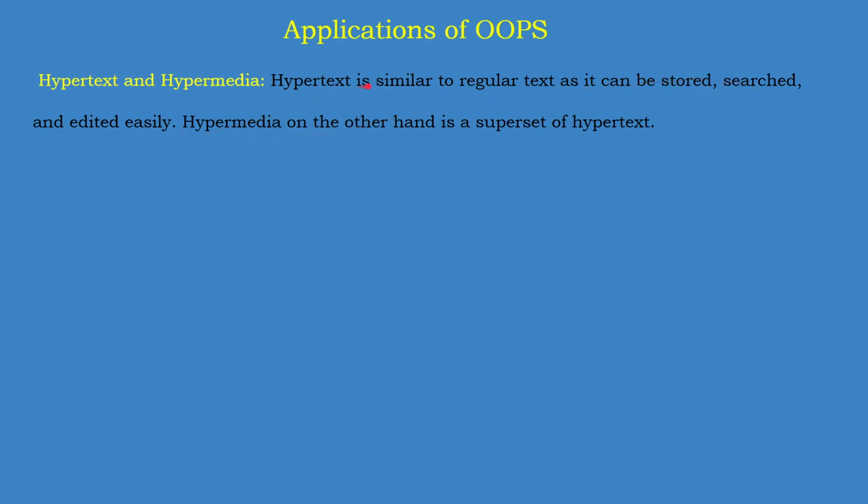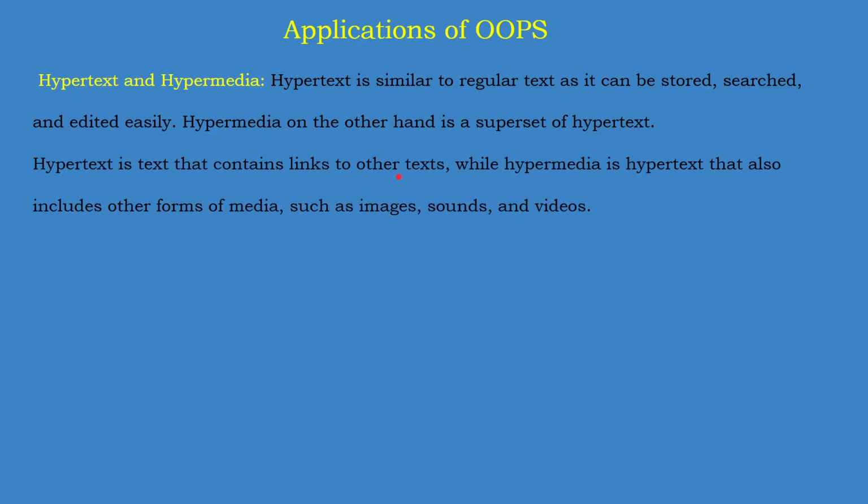That means we should be able to process the text whenever we need it, whether we want to store it, search it, or process it. That type of text is called hypertext. Hypermedia, on the other hand, is a superset of hypertext, meaning hypertext is a subset of hypermedia.